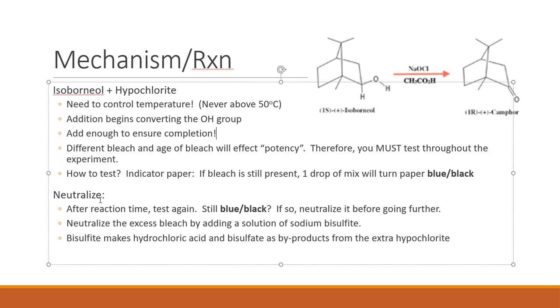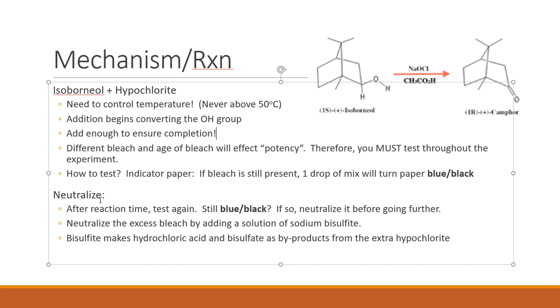And if it goes blue-black, that means you have extra bleach, right? All of your isoborneol has converted to camphor. But that last test, if it's blue-black, means that there's extra bleach lingering around, and we need to get rid of it. We don't want that extra bleach involved in the process after this point.